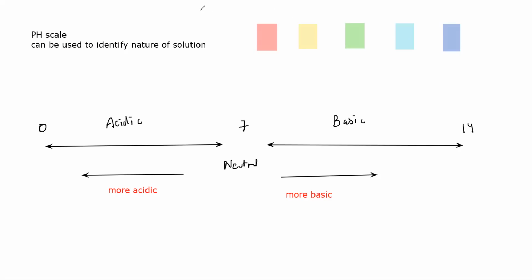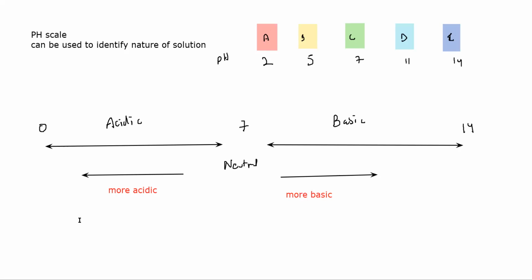I know the pH of each: 2, 5, 7, 11, and 14. These are substances A, B, C, D, and E.